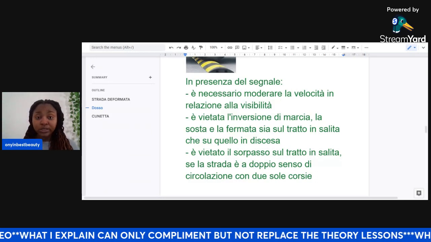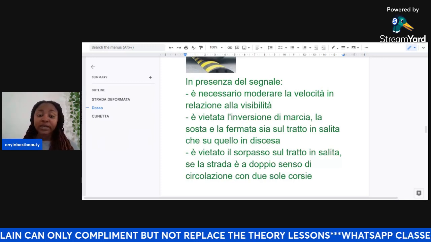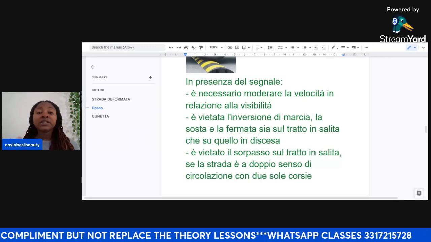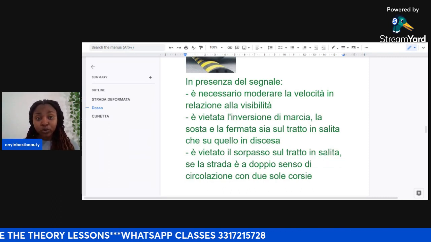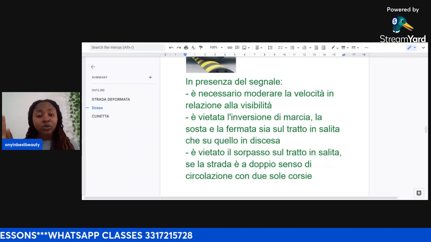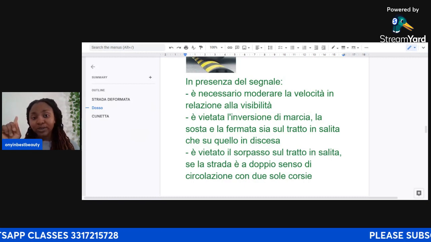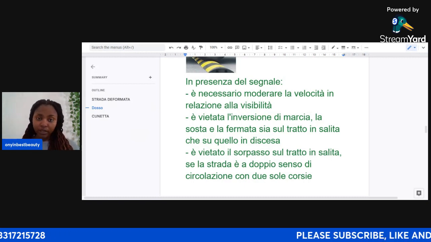So how do you want to do this overtaking? That is why I say you are forbidden to do overtaking when climbing the hill. If the road you want to climb is only two lanes, one used for going and one for those who are coming, that means you can't do overtaking.